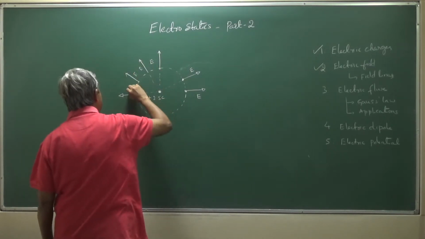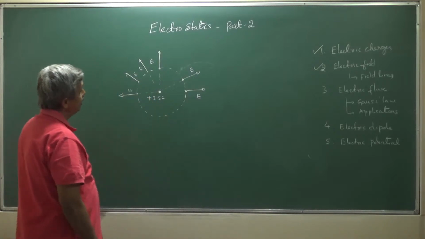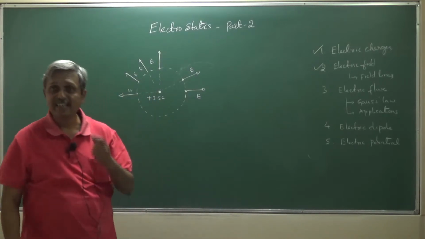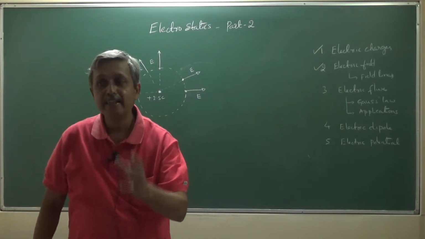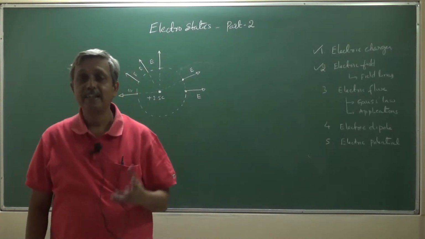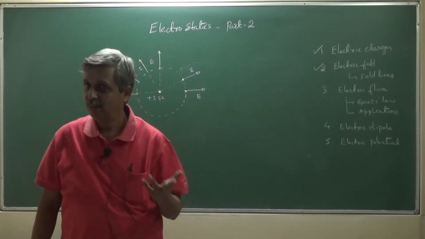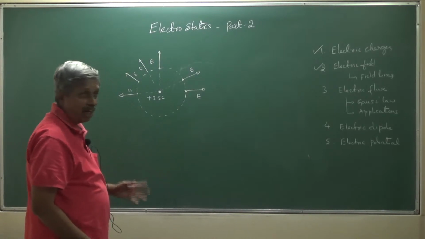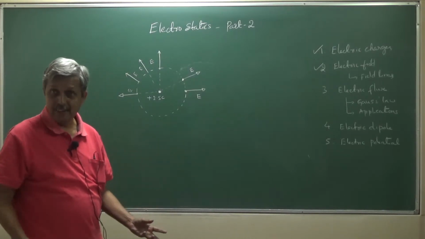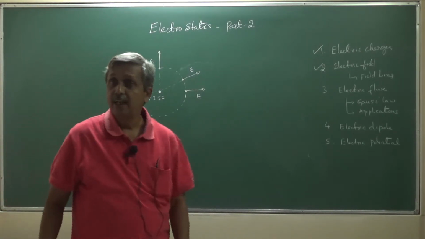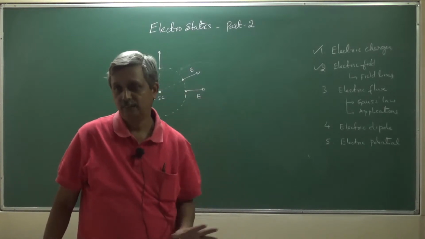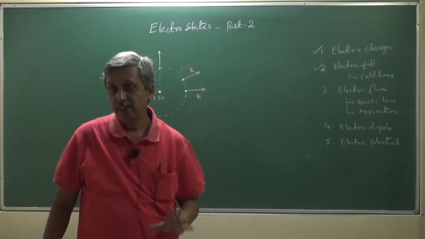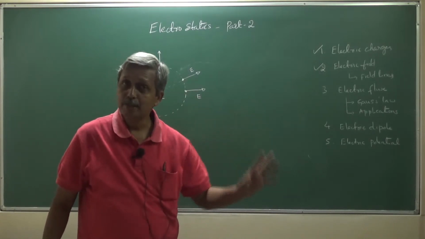Please observe one important thing: these arrows are all of equal size. That means their magnitudes are same, but their directions are different. So this is how we are representing electric field at various points.